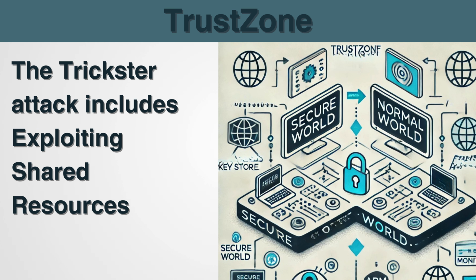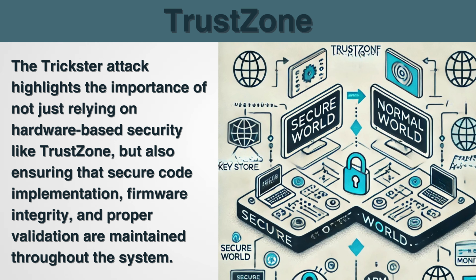The attacker may also leverage shared hardware resources such as caches or memory regions to leak sensitive information like cryptographic keys. In essence, the Trickster attack highlights the importance of not just relying on hardware-based security like TrustZone, but also ensuring that secure code implementation, firmware integrity, and proper validation are maintained throughout the system.